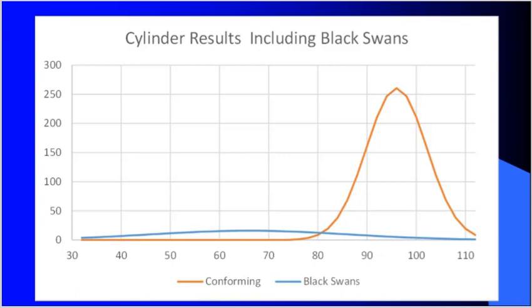So looking at our statistical distribution here, we've added in the black swans. Now, if this had been the actual record of deliveries to this particular building, that would have obviously shown up in the events.